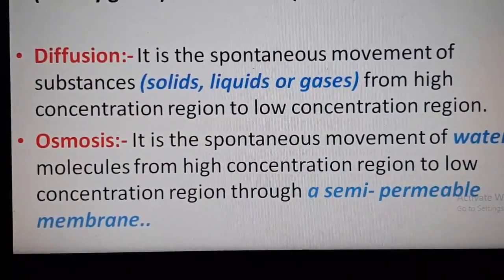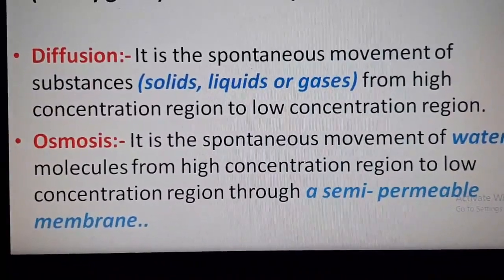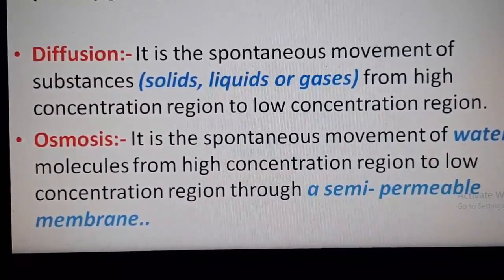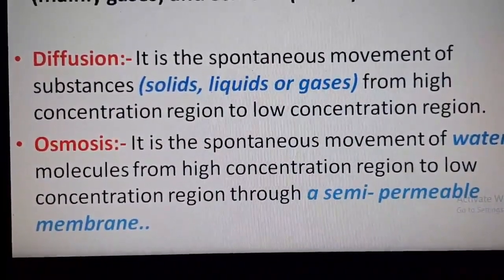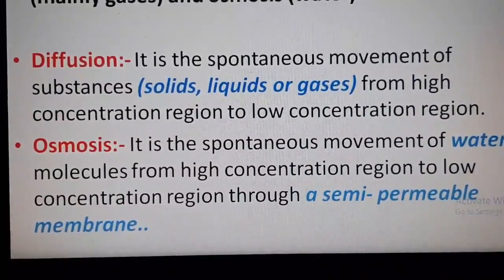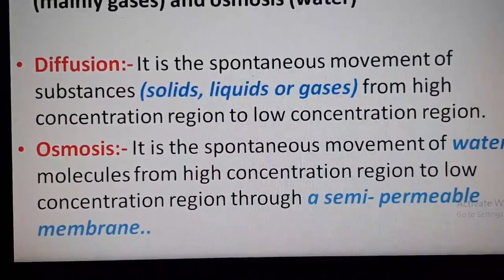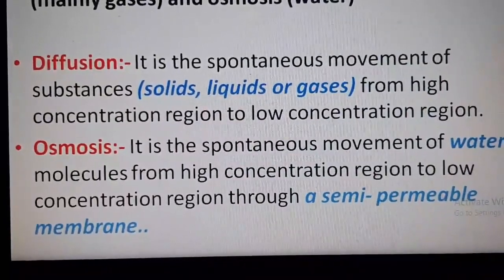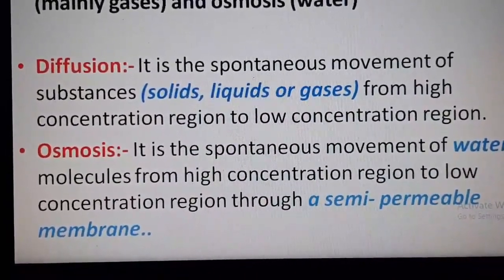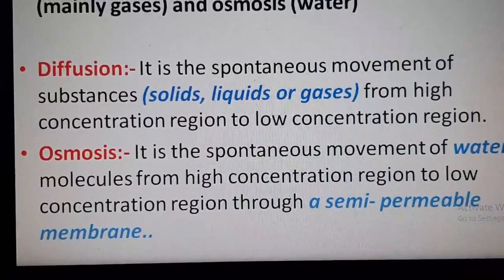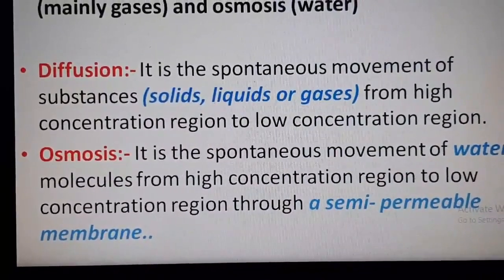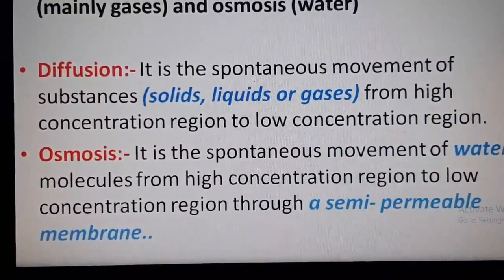So are you clear with these two terms? In diffusion, all the substances are passing, whether it is solute, liquid or gas. But in osmosis, only liquid molecules, specifically water molecules, are passing. In diffusion and osmosis, what is the similarity? They pass from high concentration to low concentration region.